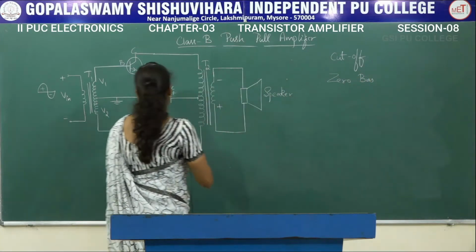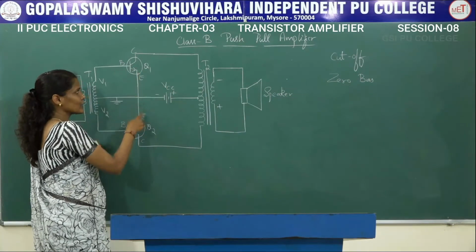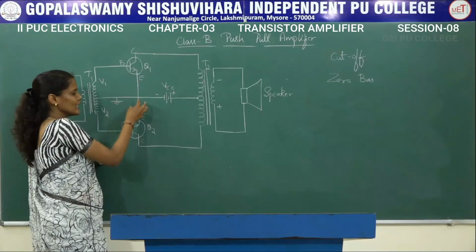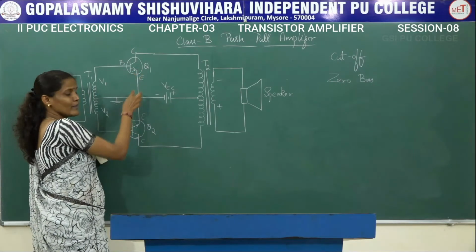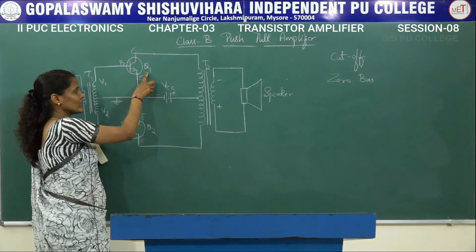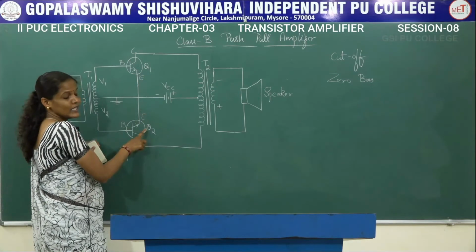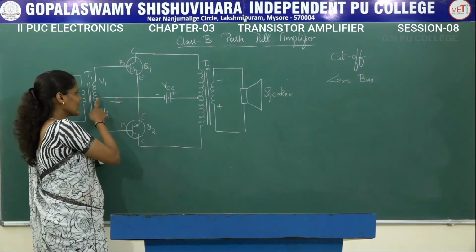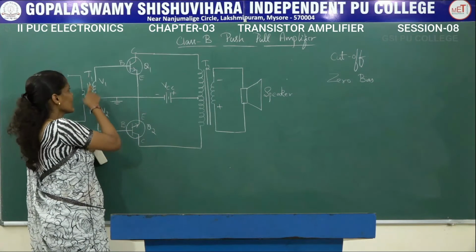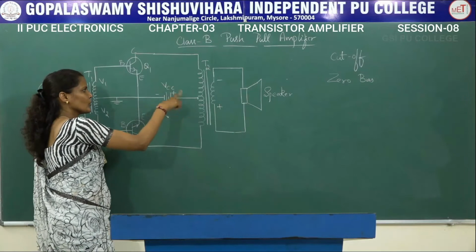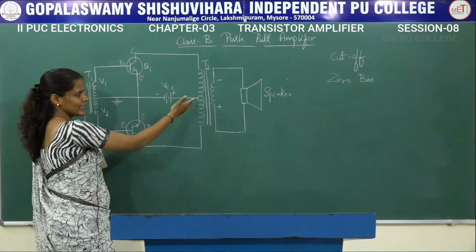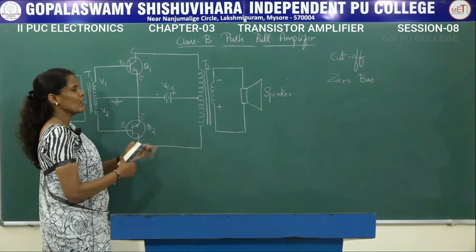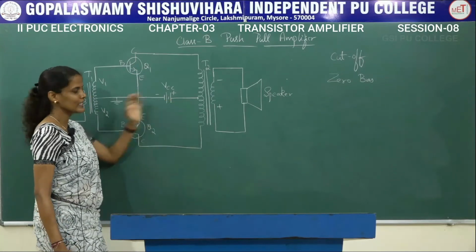We are going to short the emitter terminals of both the transistors Q1 and Q2. The emitter of Q1 as well as the emitter of Q2 will both be shorted, and it will be given to the center tapped transformer T1. Again through this VCC it will be connected to the primary end of the center tap transformer T2.